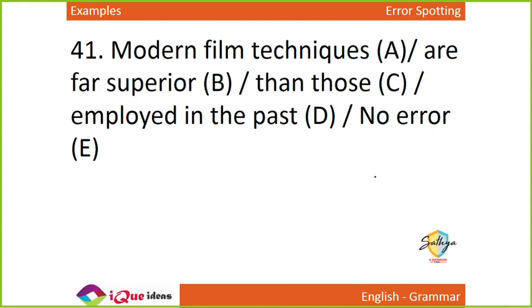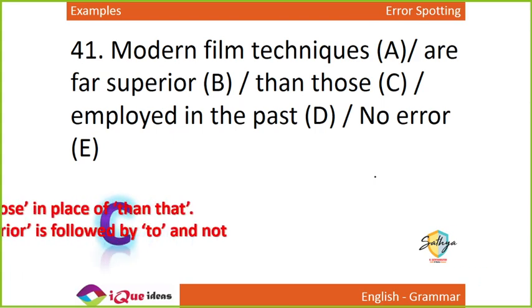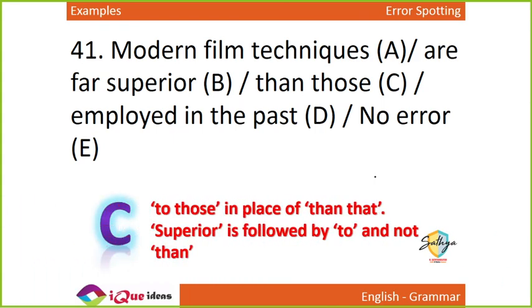Just like you prefer to. Something is superior to something. So modern film techniques are far superior to those employed in the past. We don't say far superior than those. Far superior to those. Superior should be followed by to, not than.